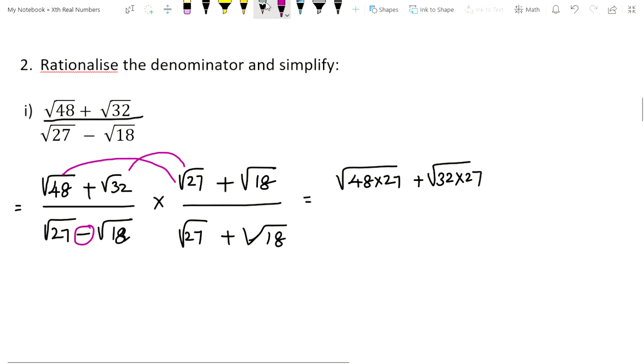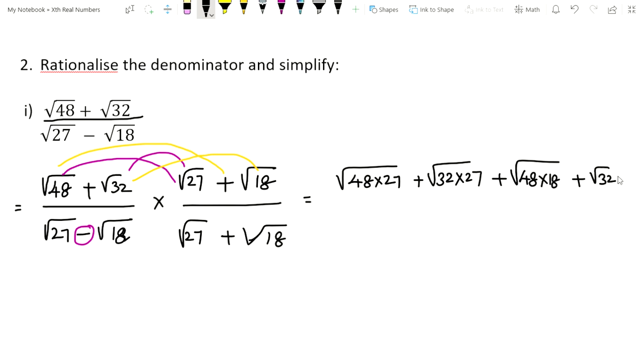Root 48 into root 18, as well as root 32 into root 18. So here the numerator is all positive, so plus root of 48 into 18 plus root of 32 into 18, divided by the denominator root 27 minus root 18, root 27 plus root 18.